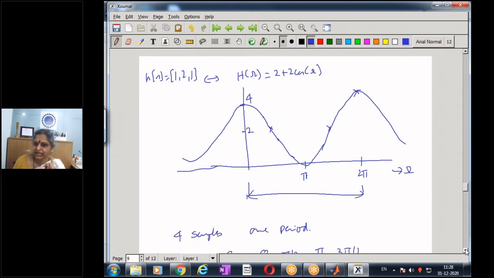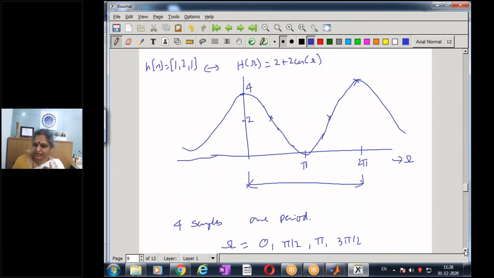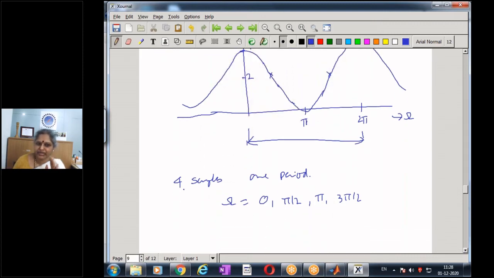Now I am going to discretize my omega. My omega is actually continuous, but I am going to discretize it. So let us say I take 4 samples, n equal to 4, and compute h of k.